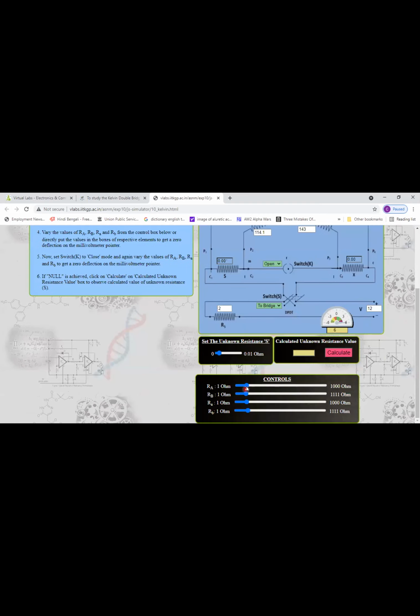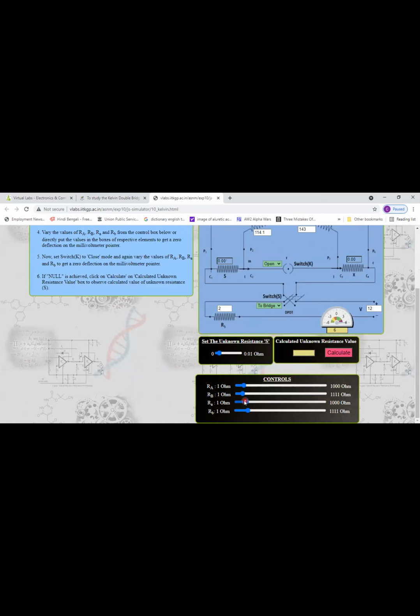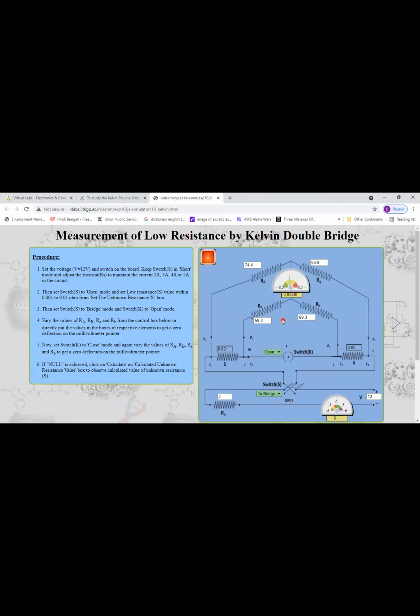So here we are changing this. Look, this increased again because these arms are increased. Look, this is 0.3, so we have to increase.